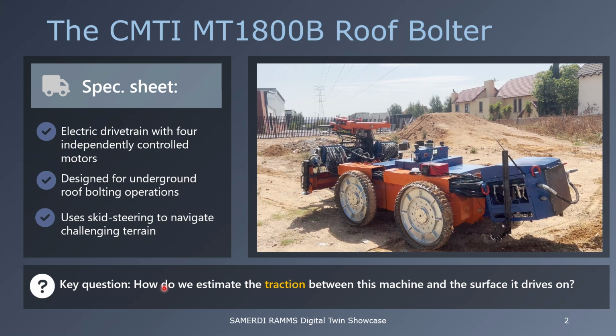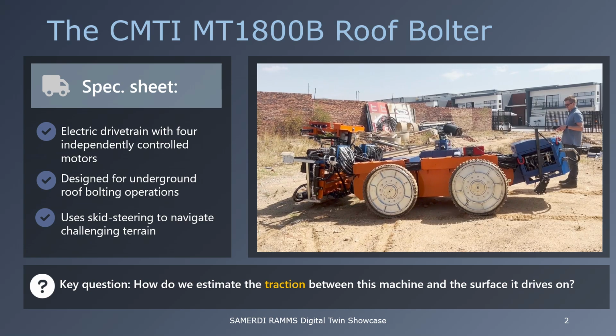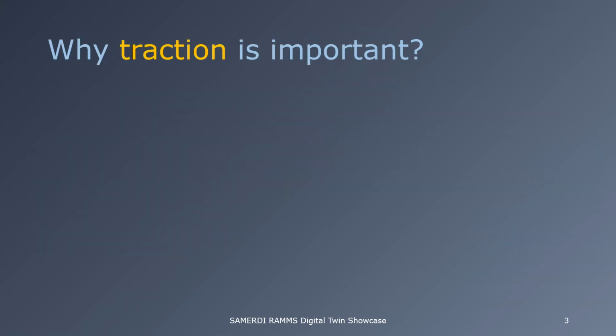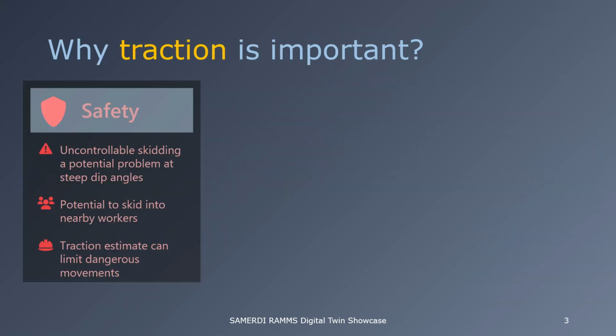The key question for this project was how we can estimate traction between this machine and the surface it drives on. So why should we care about traction in the first place? Well, firstly, there are big safety implications to knowing the traction of this machine.